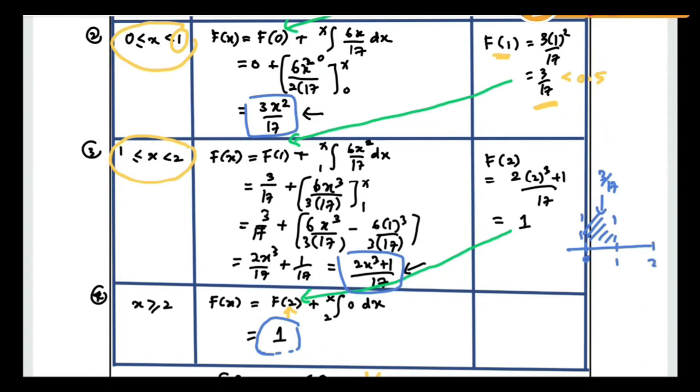From 1 until 2, the total area is 1, so 0.5 should be here. So this is your m. After we have found the location of m, we can just substitute m into that function.